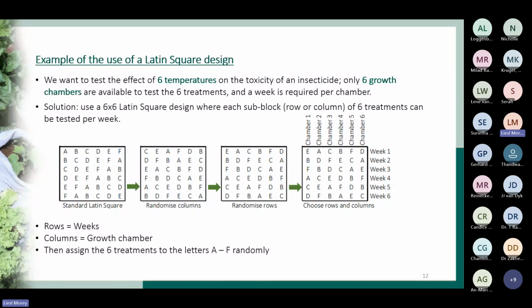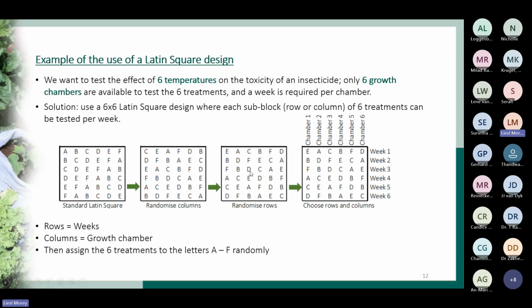It must first be randomized. The way we randomize it is you randomize the columns first. Here you can see, for example, the third column has moved to the front. And then after you randomize the columns, you also randomize the rows.